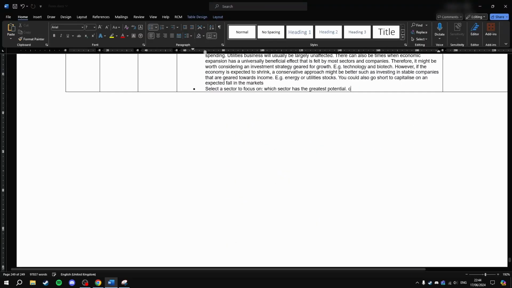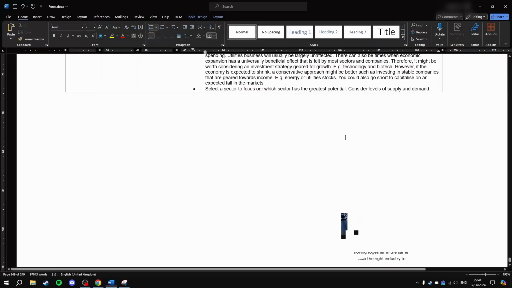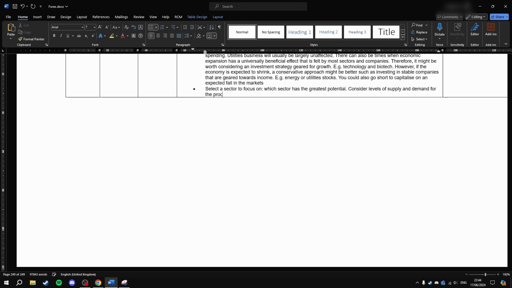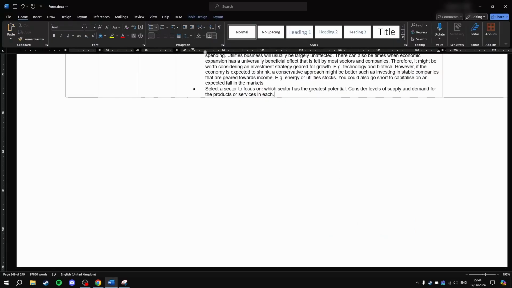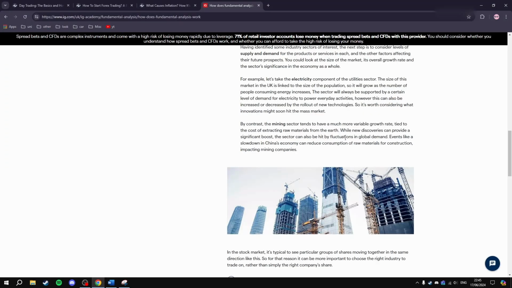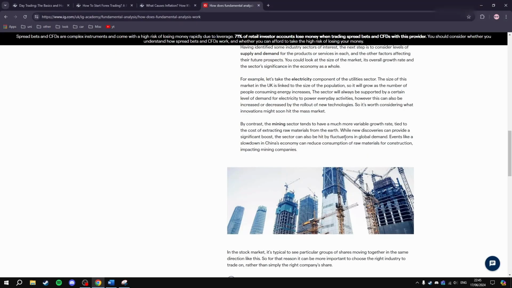Right, okay, so consider levels of supply and demand for the products or services in each, and the other factors affecting their future prospects.